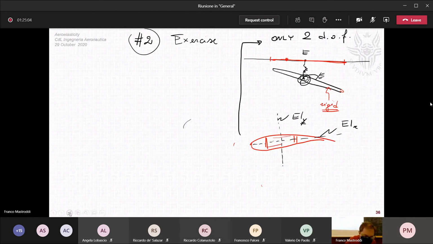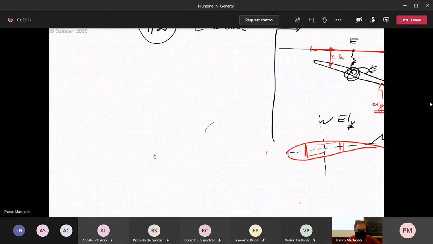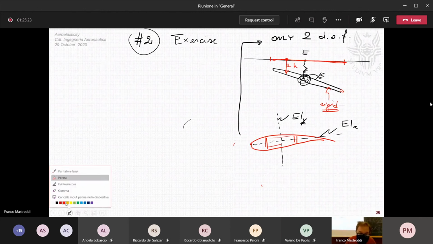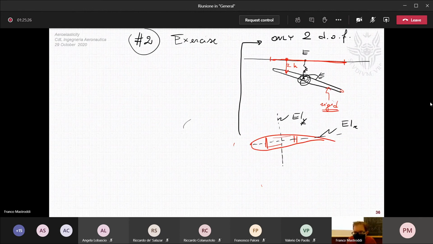We can consider the heave motion like this, H, positive down, and after this translation you have a rotation around here, and this rotation is alpha. So you have 2 degrees of freedom, H and alpha, representing the dynamics of this section.